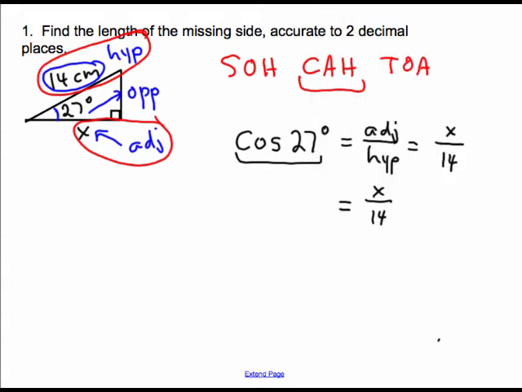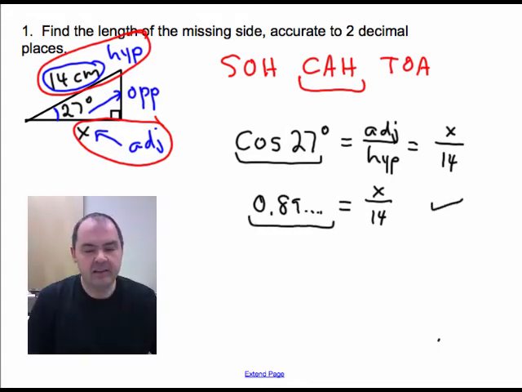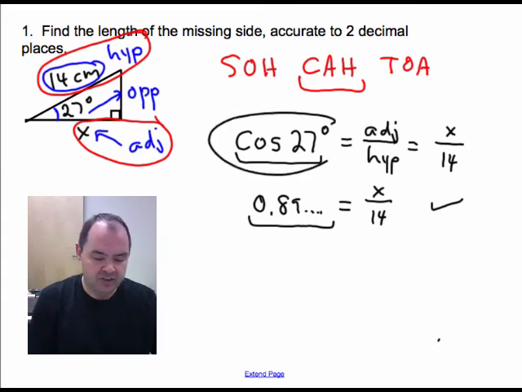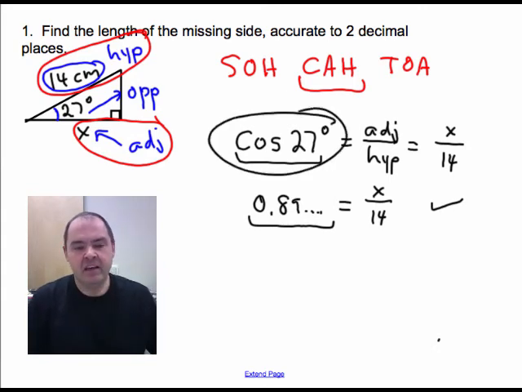So 0.89, with all its numbers, must be what the missing side divided by 14 comes out to be. Now instead of working with 0.89, I'm going to work with the cosine 27 expression, because that way I can keep my calculations as accurate as possible right to the end and not have to worry about dragging along all these decimal points with 0.89.